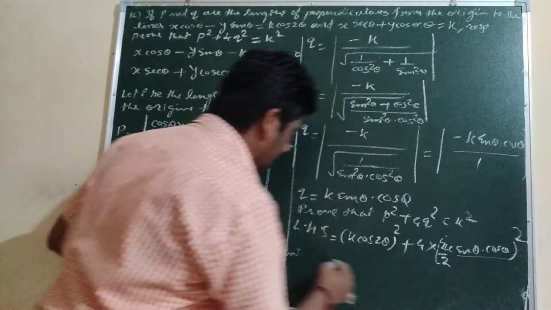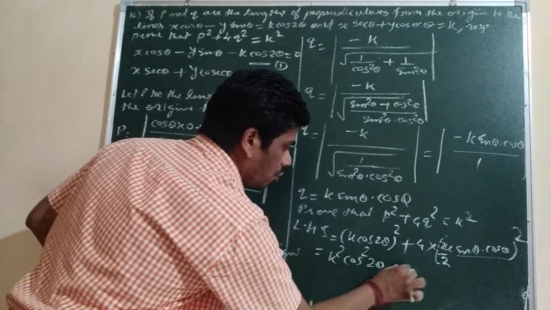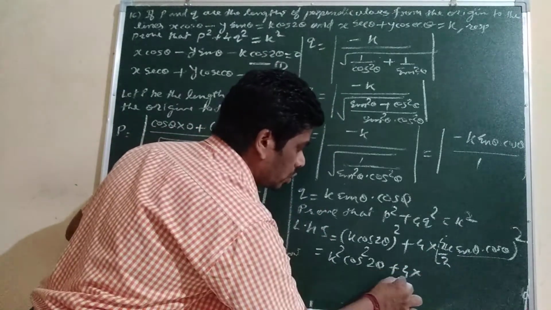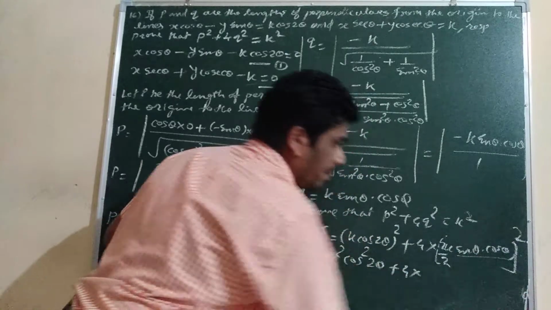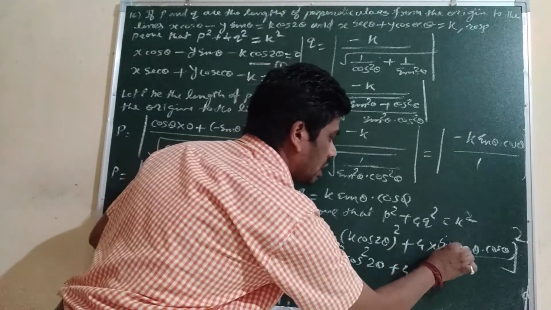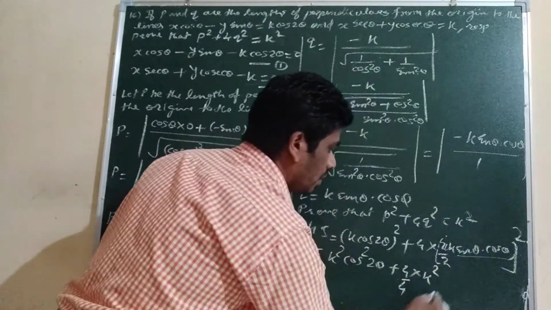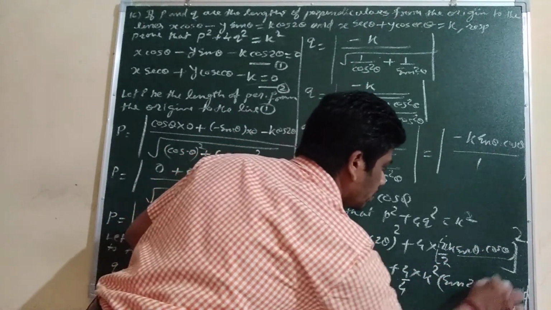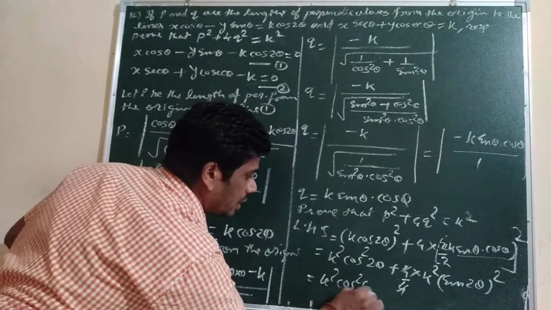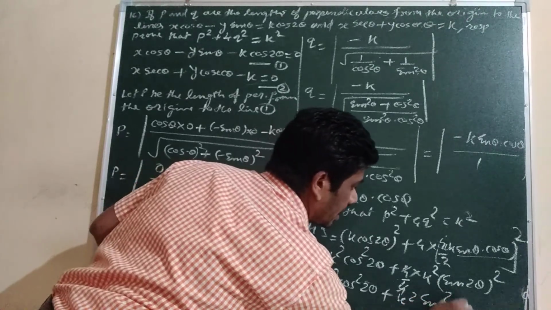So in the next step we write k square cos square 2 theta plus 4 into k square into 2 sin theta cos theta upon 2 whole square. The denominator 2 becomes 4 because of the square, so 4 upon 4 cancels, and 2 sin theta into cos theta is sin 2 theta, squared. So we get k square cos square 2 theta plus k square sin square 2 theta.